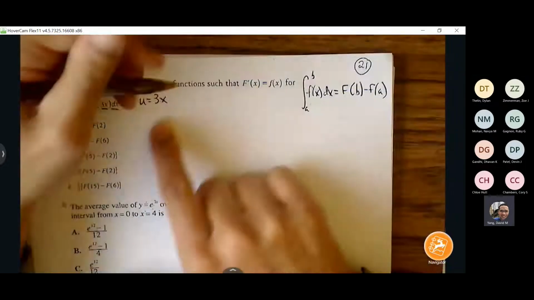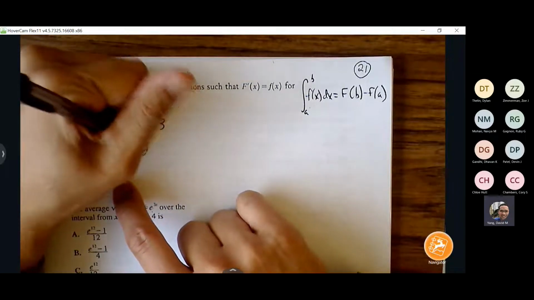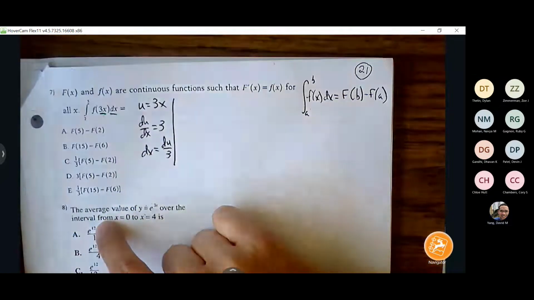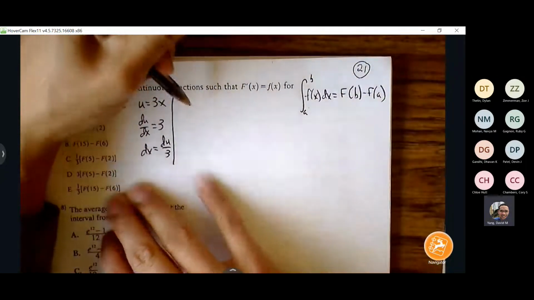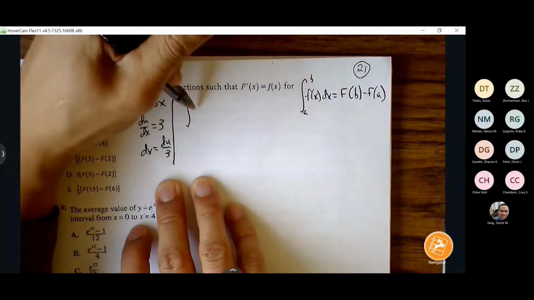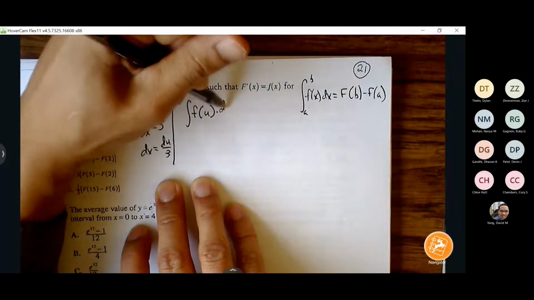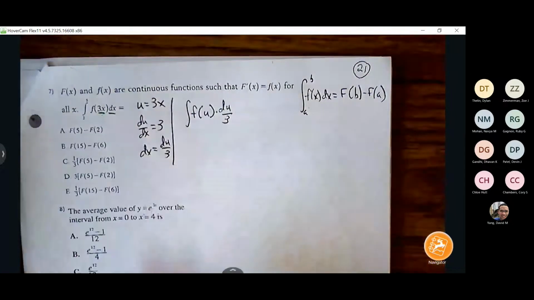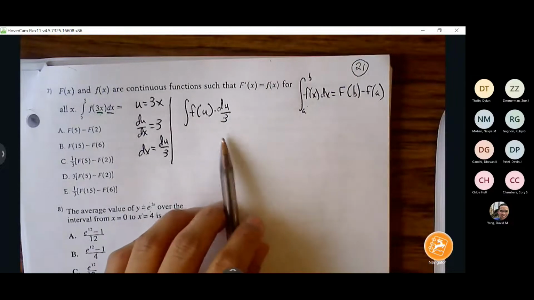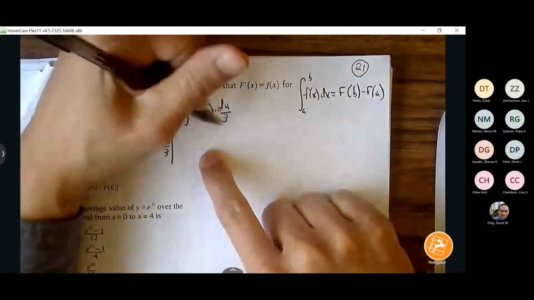We let our u value be 3x. du dx equals 3. dx equals du over 3. Okay, we make our substitutions. Pull the 3 out in front, comes out as a 1/3.